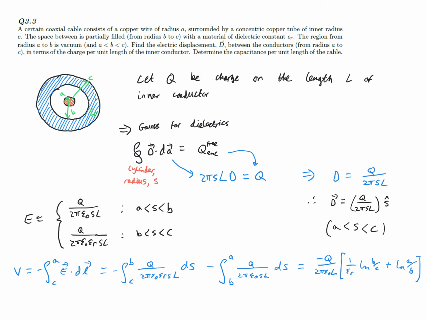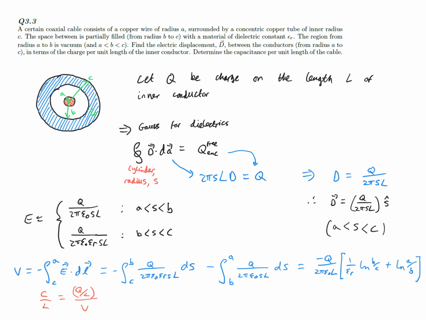And the last step is just to convert this into a capacitance per unit length. So the capacitance, C, per unit length divided by L is therefore the charge per unit length, Q over L, divided by the voltage. And we've just worked out this potential difference, this voltage, and it involves the charge Q. So when I take the ratio of Q divided by V, that's going to drop out.